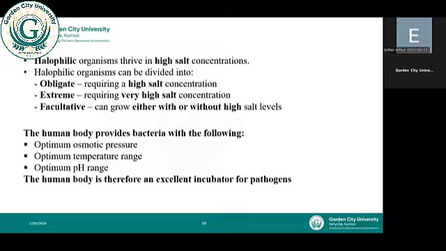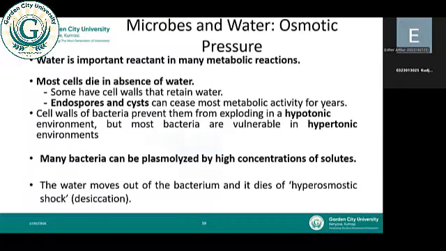Sir, please, with the osmotic pressure, I want to know if I understood what she said. You said that if there is more water outside the cell, it goes into the cell, then it's hypertonic. Yeah, so if you have more water outside, that is a hypotonic environment.